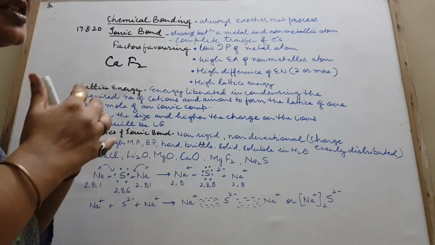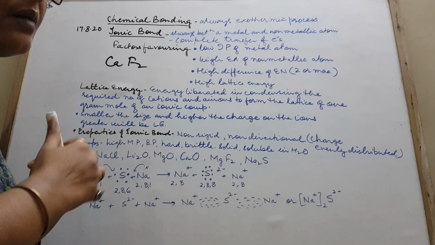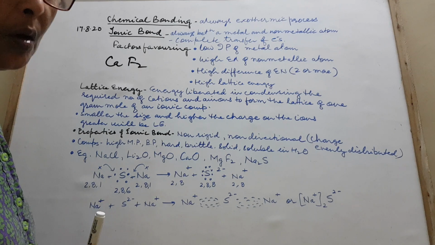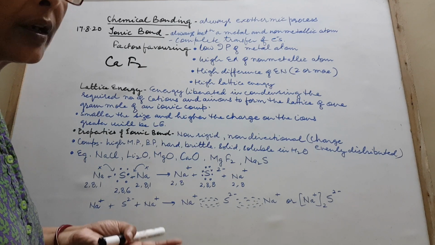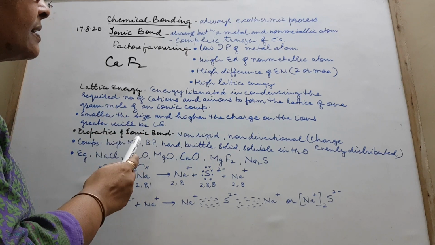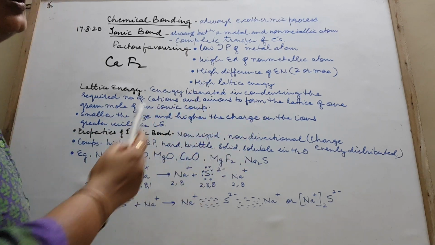A bond which is strong means a high amount of energy is released in the formation of that bond, to which we call bond energy, right? So smaller the size and higher the charge on the ions.